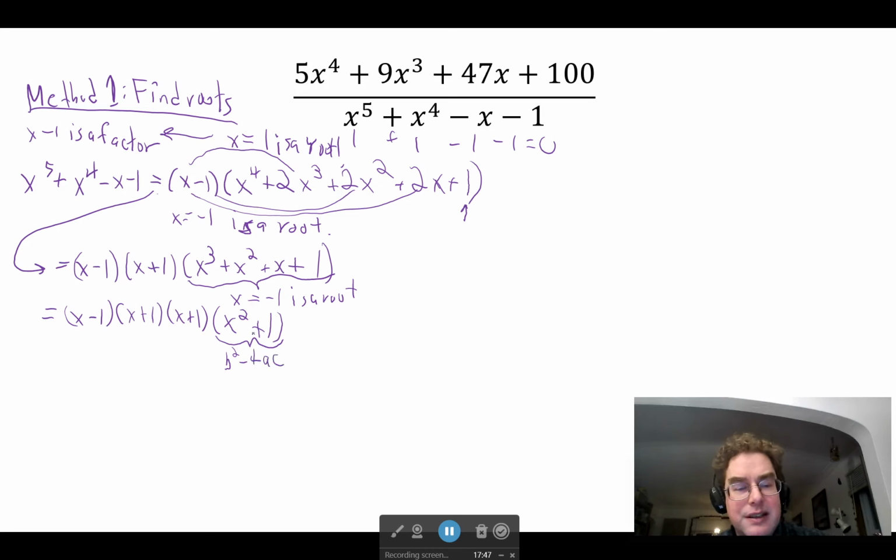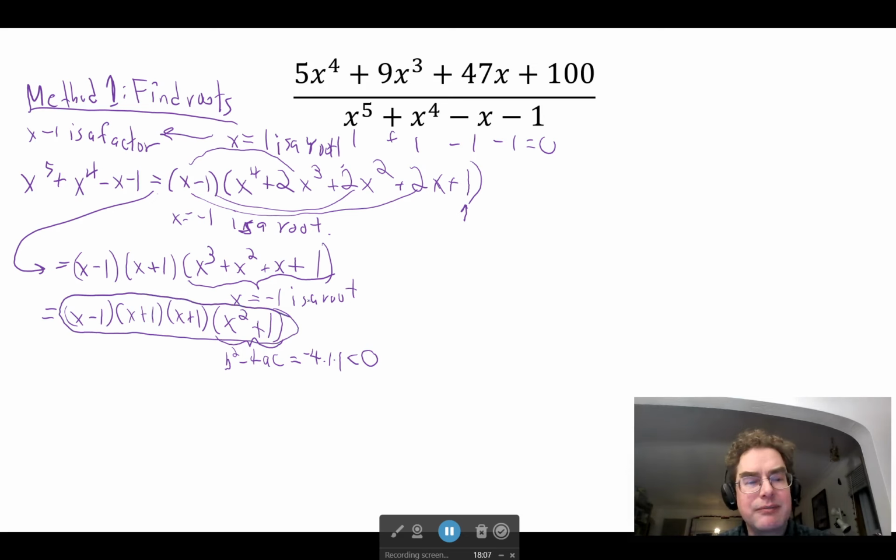Now our b here is 0. There is no linear term. And so this is just going to be -4 times 1 times 1, which is -4. That's less than 0. That tells us that that quadratic cannot be further factored. So there we go. We actually have our factorization of the polynomial, which is just like this.